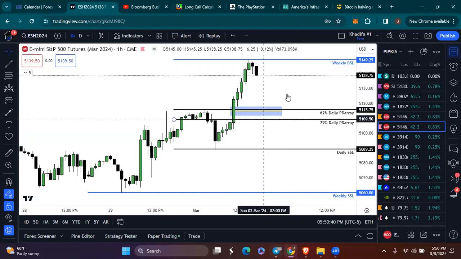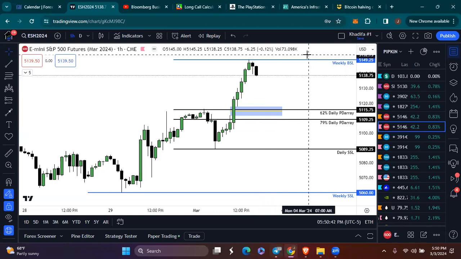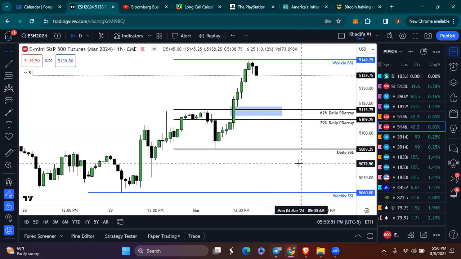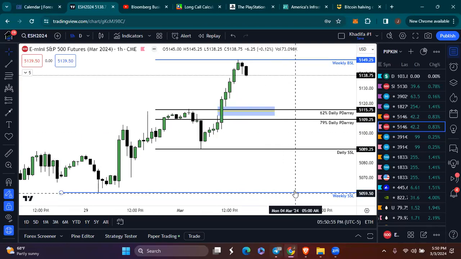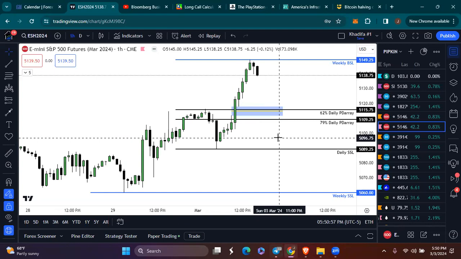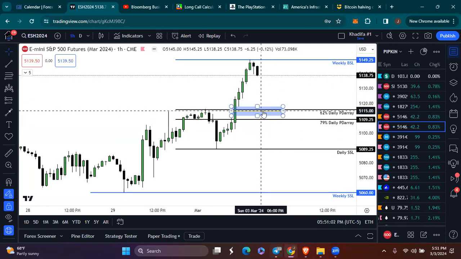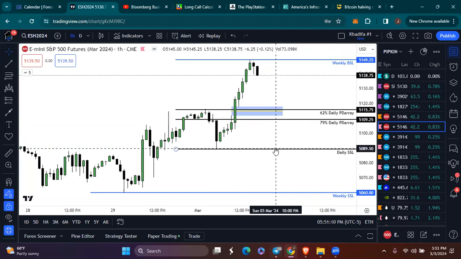Whether we run back to the upside and run through that weekly buy side liquidity and continue higher, or whether we run it and then sell off aggressively to the downside is yet to be determined.